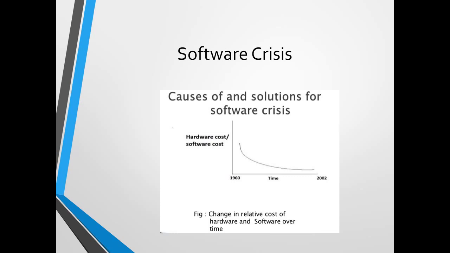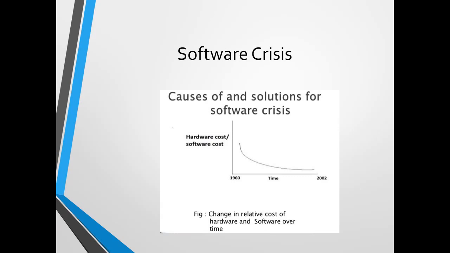See in this figure, in 1960 there is an increasing curve for hardware cost, but as time goes on, you can see the curve is decreasing. This is very much problematic.